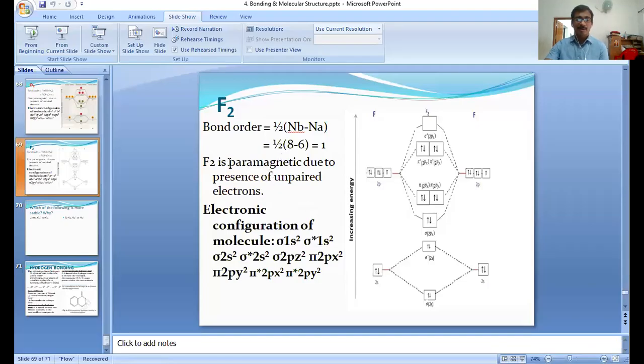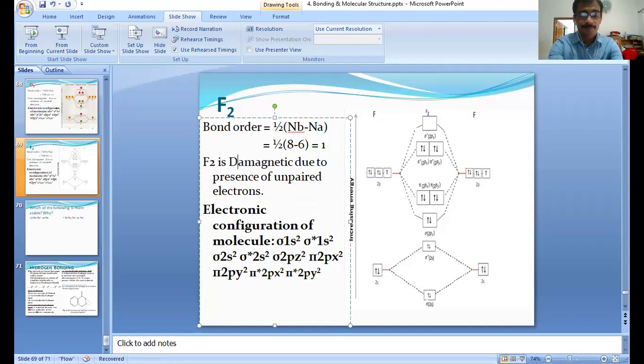It is not paramagnetic. It is diamagnetic due to absence of unpaired electrons. Okay.